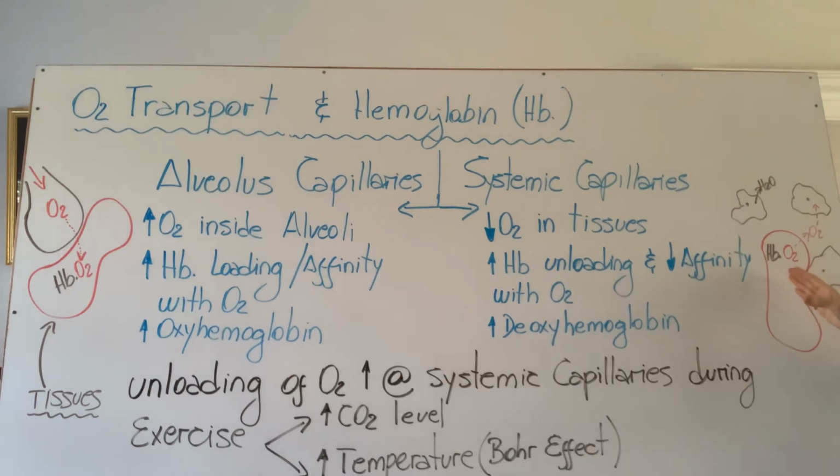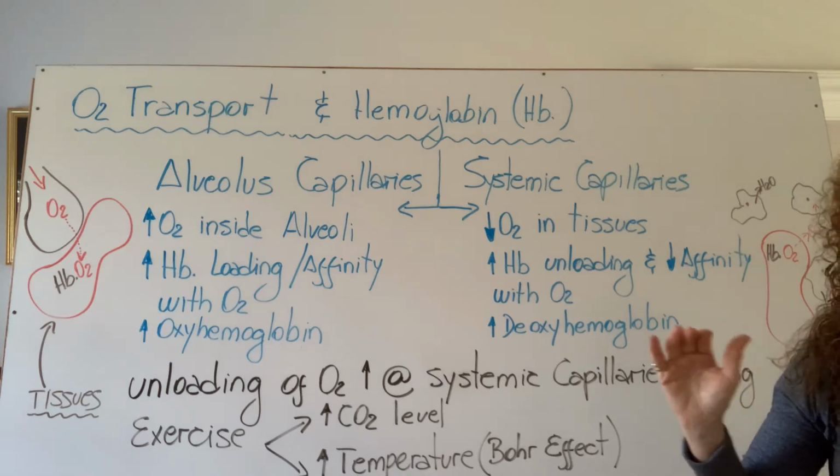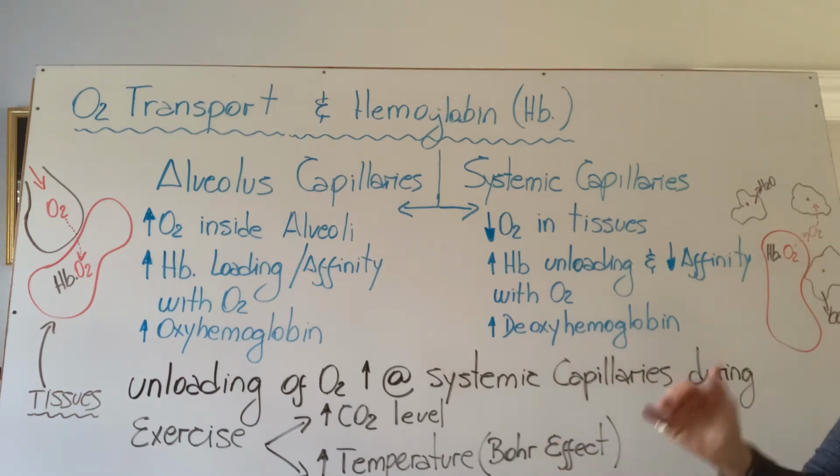And because of that, it facilitates the unloading. Now, gas is moving from higher pressure to lower pressure. Always the interstitial fluid, because it's a bridge. It's just an intermediate step to reach the target.